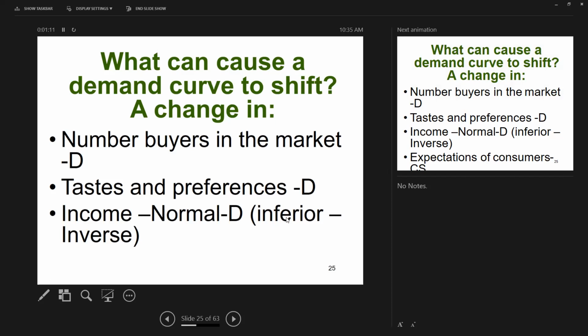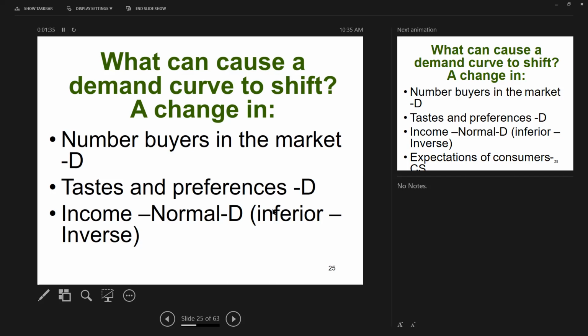Inferior goods, there are some of those. They're usually goods that you don't really want, but you buy because your income is low. An example of that might be, for me, macaroni and cheese. When I was very poor, as a grad student, I ate macaroni and cheese almost every day. I had about 24 boxes a month when my income was $400.